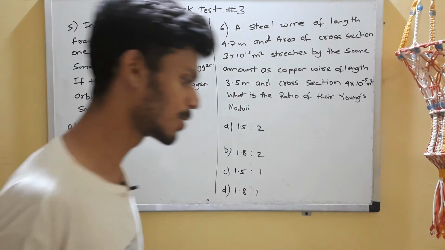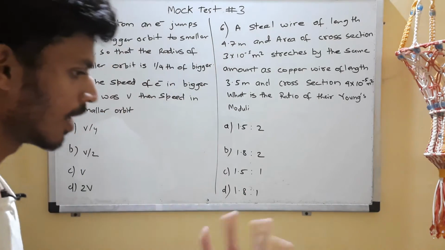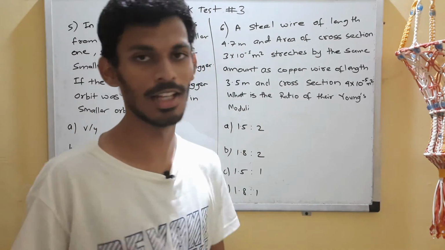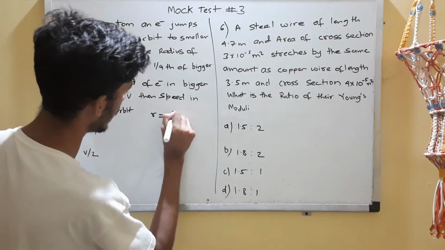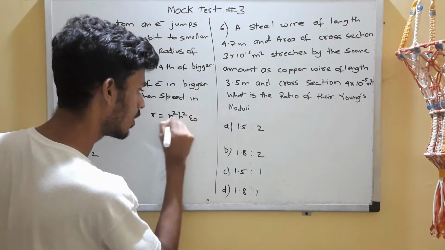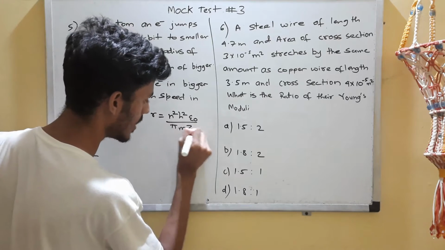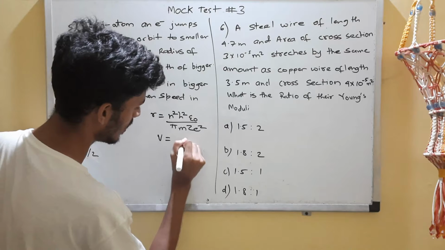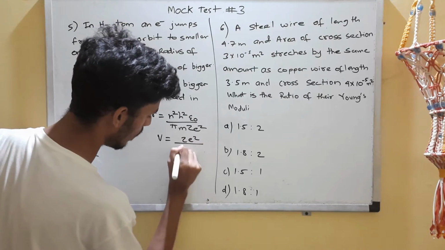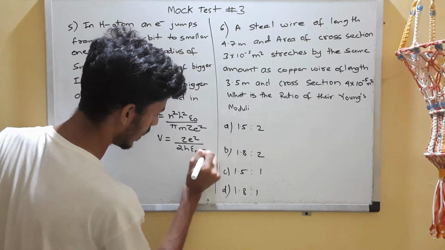Here you are supposed to know the formulae of the radius and the velocity of an electron in an atom. So r, the radius, is given as n square h square epsilon naught upon pi m Z e square, and the velocity is given as Z e square upon 2h epsilon naught n.